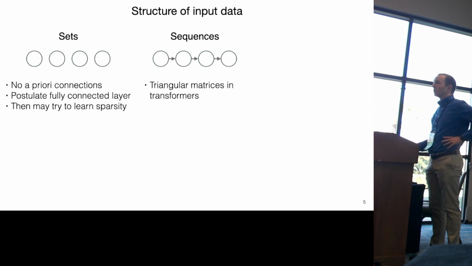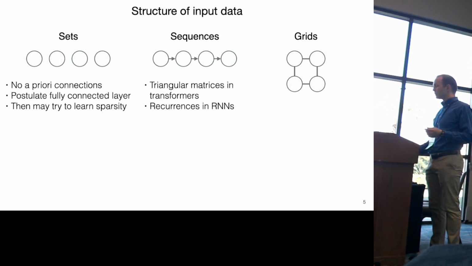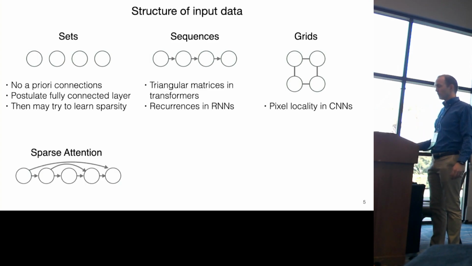So that helps regularize those networks, but it can also be used to increase the performance by up to 2x because you're cutting out half of the work. Or if you have recurrences in recurrent neural networks, then they go forward as well, although we don't use them anymore. And then you might have a grid structure like the pixel locality in CNNs, and then you want to take advantage of that with something like a convolutional neural network.